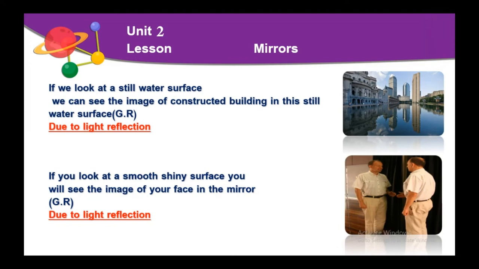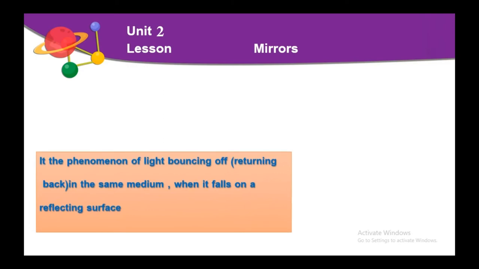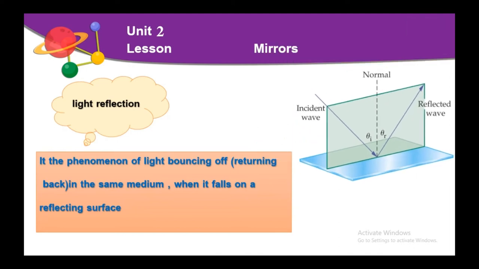This means that we will talk about one of the important properties of light that is called light reflection. What is the meaning of light reflection? Light reflection is a phenomenon of the light bouncing or returning back in the same medium when it falls on a reflecting surface. Pay attention in the beginning. When the light falls on a reflecting surface, as you see in the picture, what will happen to the light?